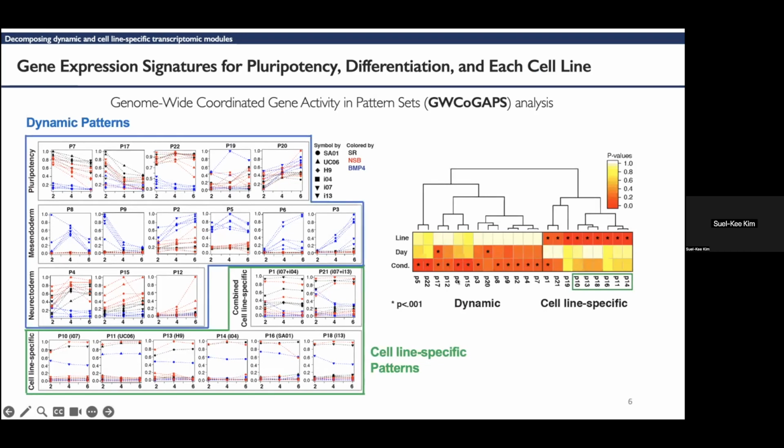One class we describe as dynamic patterns, which define transcriptomic changes over culture days or under different conditions and were conserved among different lines. In contrast, the other class defines a unique transcriptomic signature specific to each cell line, but unchanged across time and condition. We describe these as cell line specific patterns.